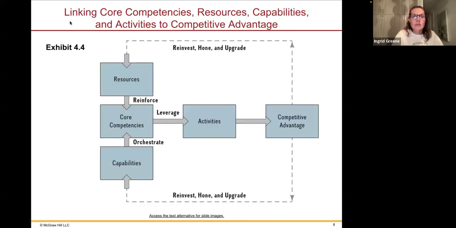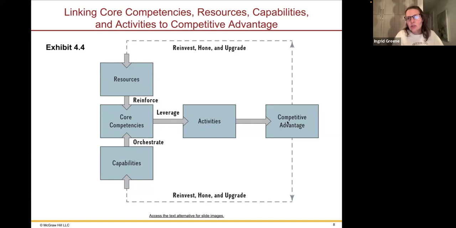Here's that really great exhibit, 4.4. This links core competencies, resources, and capabilities to the activities. Together, the resources and the capabilities help create those core competencies. The resources reinforce the core competencies, the capabilities orchestrate them, and together they leverage the activities, what is done every day within the organization.